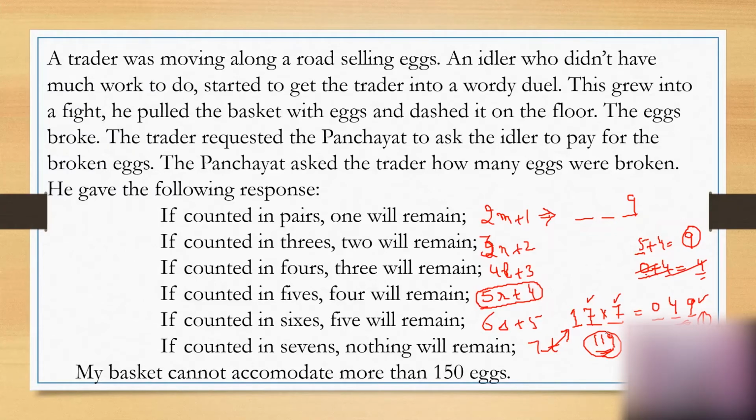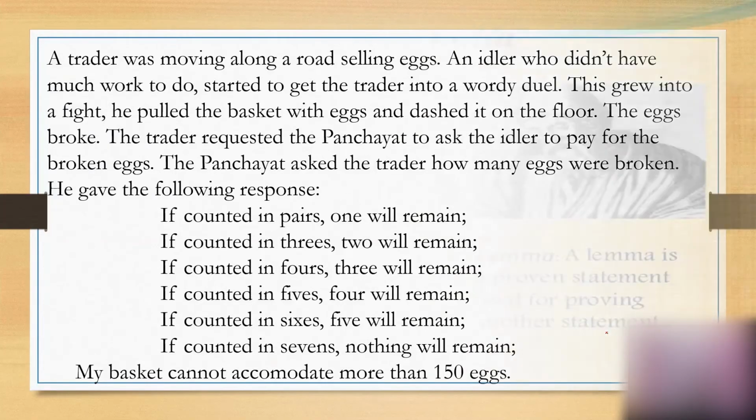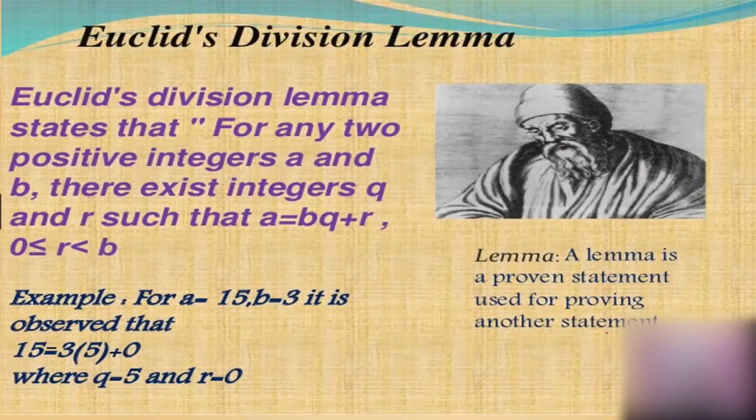So, let's go to another way. Now we are introducing Euclid's division lemma. Very first, it must be clear what is the meaning of lemma, what is Euclid, what is division. Actually, a lemma is a proven statement used for proving other statements.